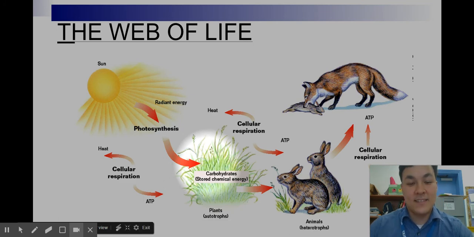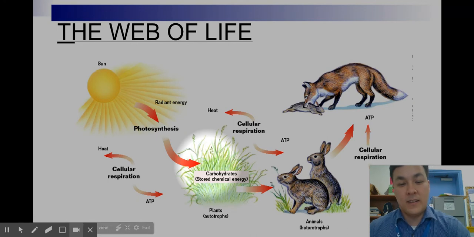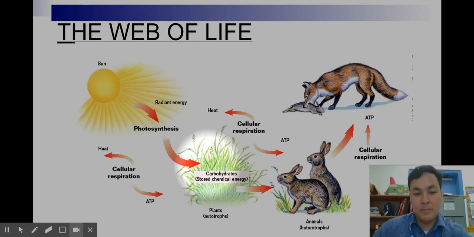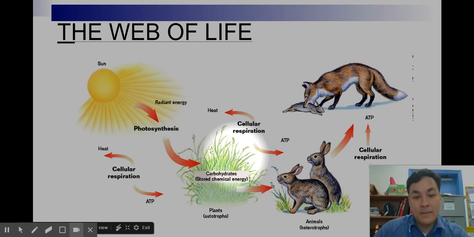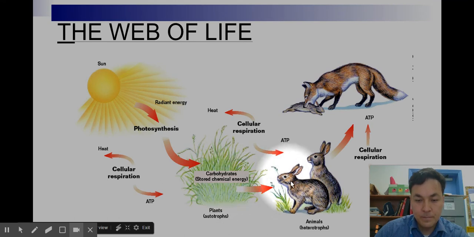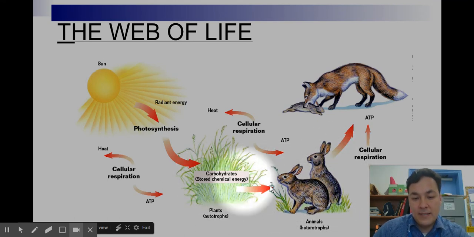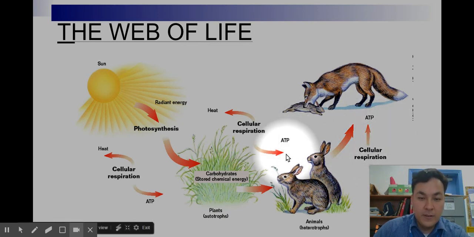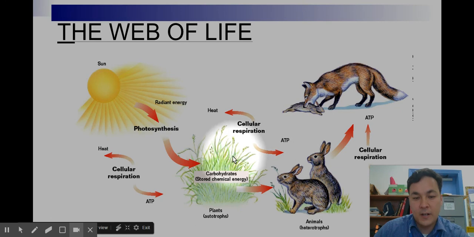Plants can take that sunlight, carbon dioxide, and water, and they can make carbohydrates in a beautiful process called photosynthesis. You read a little bit about that in Chapter 8, and we'll go into much more detail after the winter break. We eat those plants, we eat the carbohydrates, and we make ATP through the process of cellular respiration. We also use some of that to heat ourselves. And it's not shown here in this figure, but we're going to give carbon dioxide and water back to the plants.